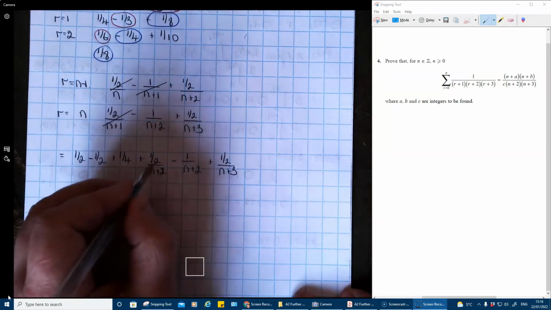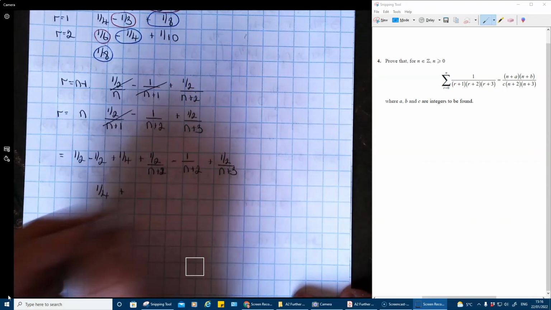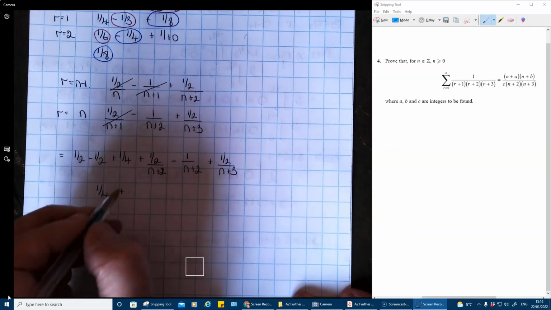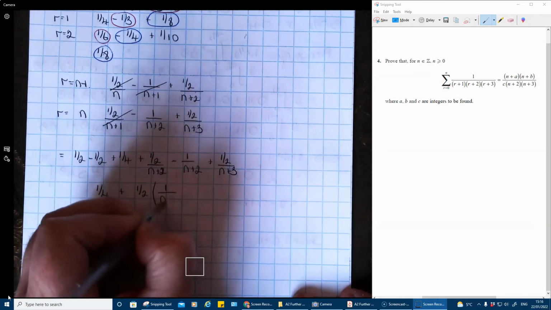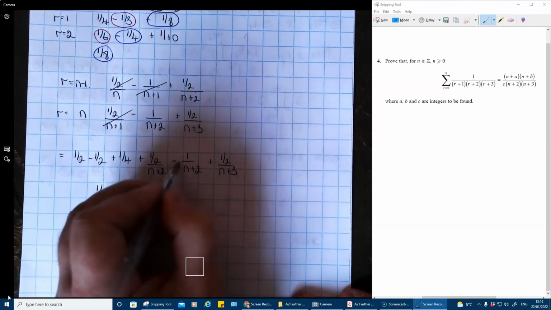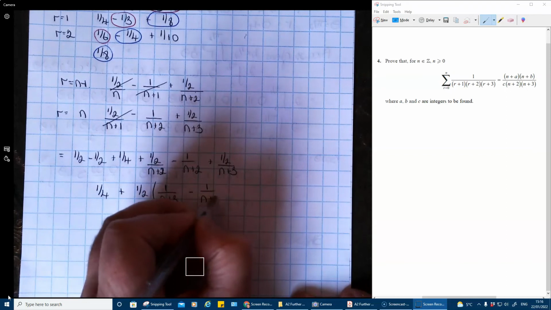Take the factor of a half out, because I've got half take away one of these, so it's minus a half effectively. So I get a half of 1 over n plus 3, which is this term, take away 1 over n plus 2.